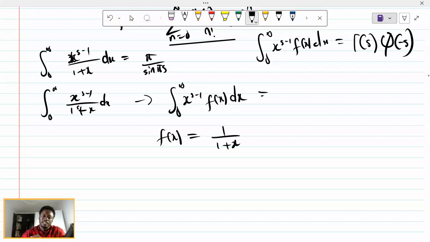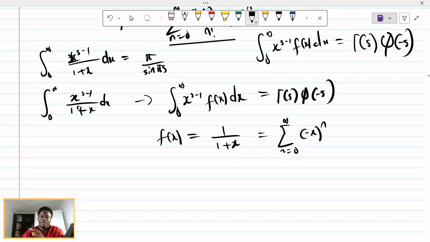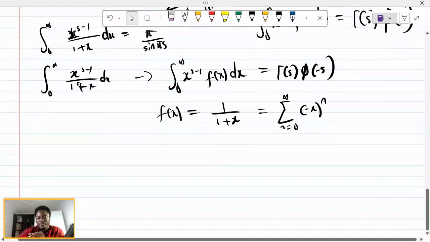We already know that this is equal to gamma of s phi of negative s, where phi is related to the series expansion of f of x. So what we need to do is find the series expansion of f of x. Of course, this is well known. This is basically the sum as n runs from 0 to infinity of negative x to the n. Then after finding the series expansion, we need to compare and look at our phi of n.